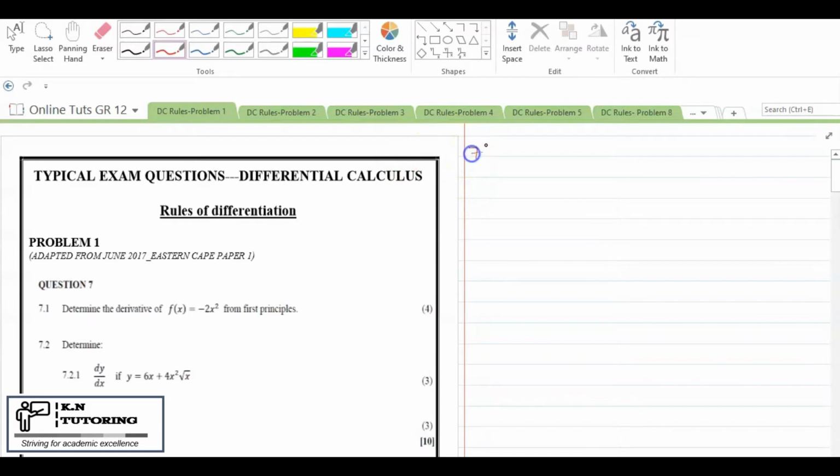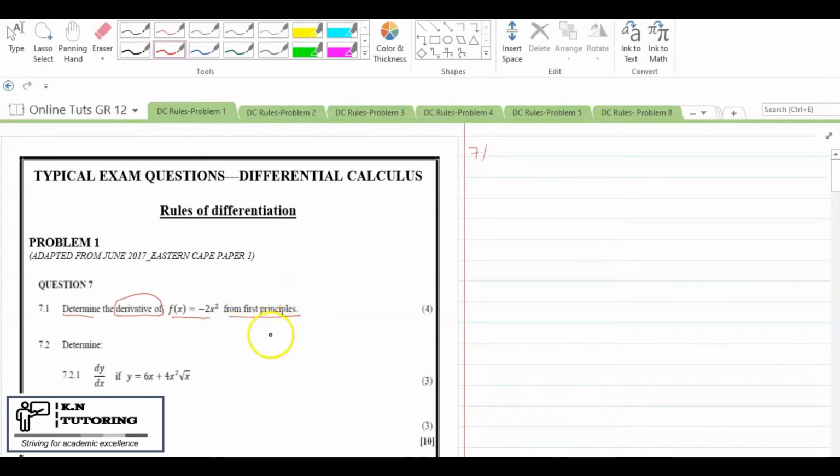Okay, 7.1. It says, determine the derivative of f of x is equals to minus 2x squared from first principles. Now, this is important, grade 12s.